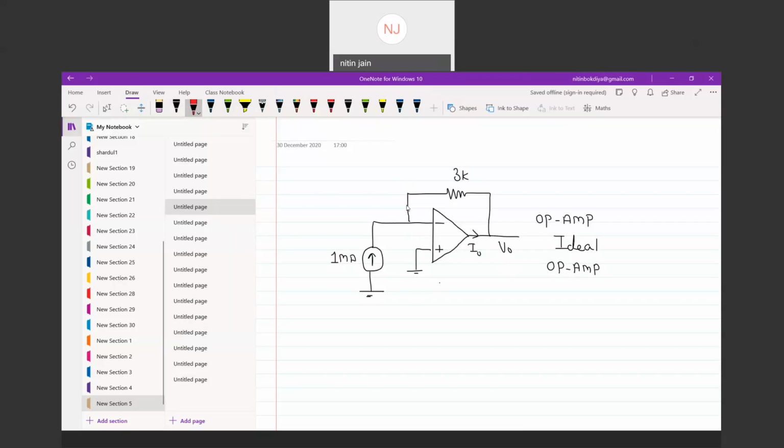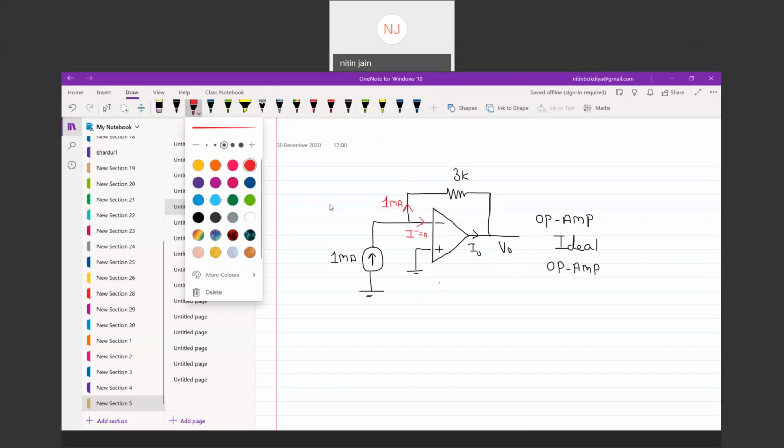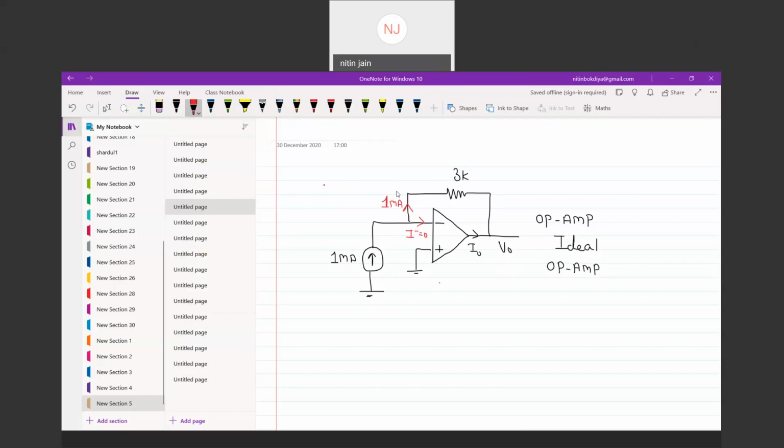The current which is entering here is 1 milliampere, because this current I minus is equivalent to 0. So this potential drop will be 3 volt. If this potential is 0 due to virtual ground, then what is the output of this circuit?